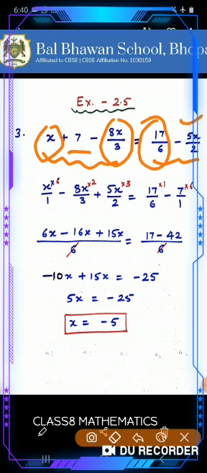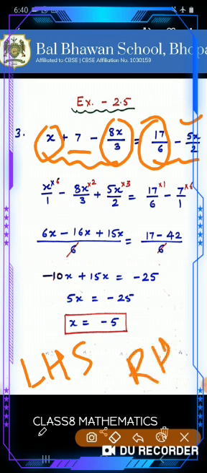a variable term. So first of all, we have to collect all the variable terms on the left hand side and all the constant terms on the right hand side. As we can see, two variable terms are already on the left hand side, so they will be written as they are.